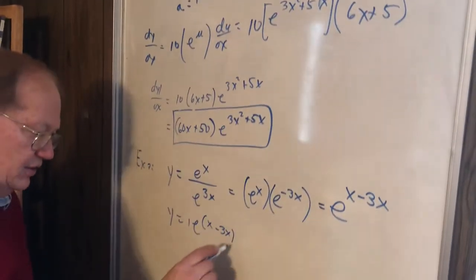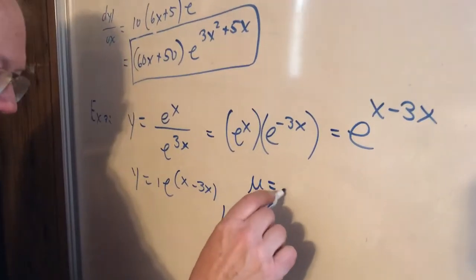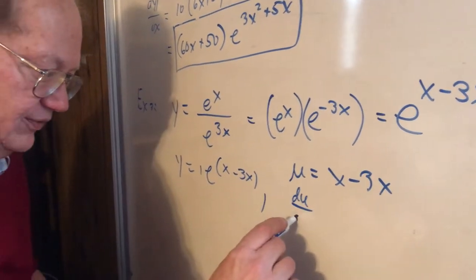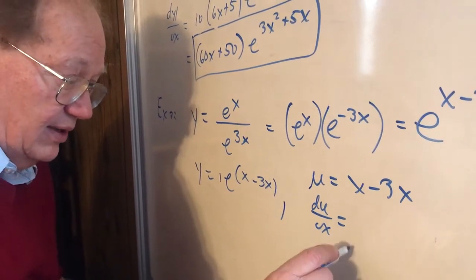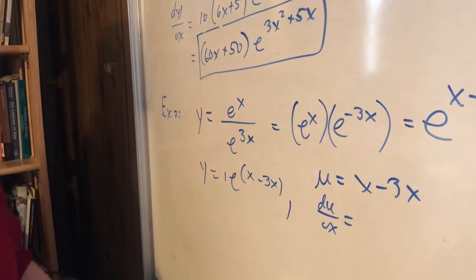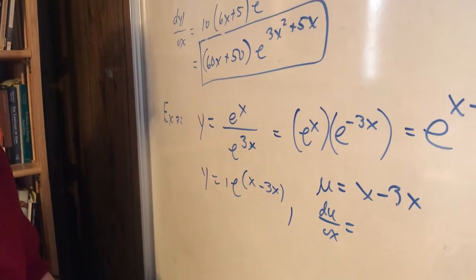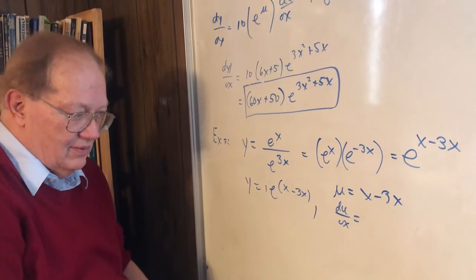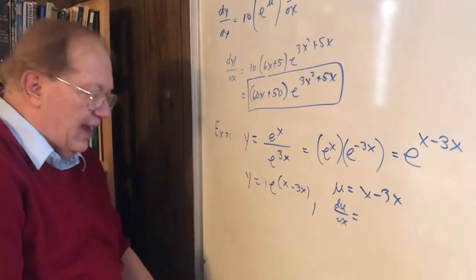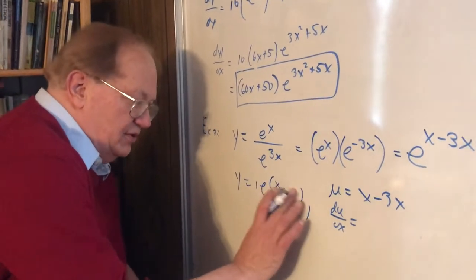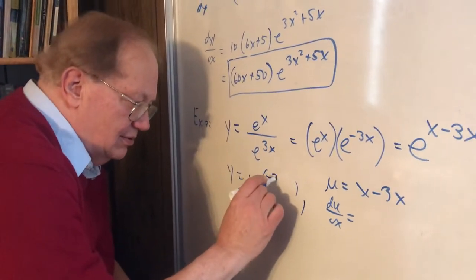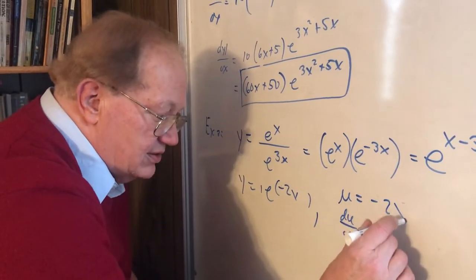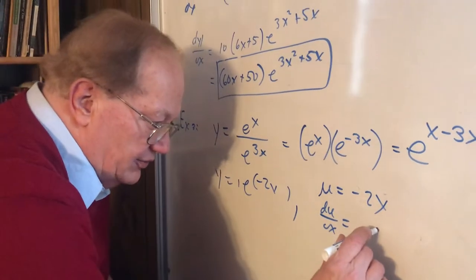So we're going to let u equal x minus 3x, and du dx is going to be what? Well, what didn't I do? What's x minus 3x? Negative 2x. Minus 2x. So let's do that first. So now we have u is minus 2x, and du dx is minus 2.